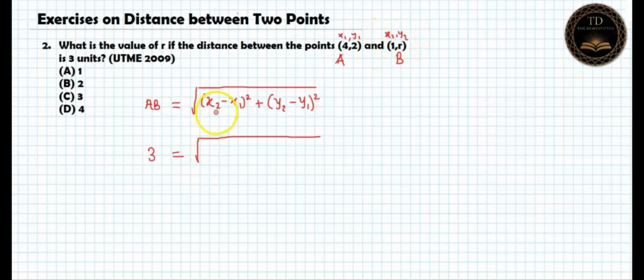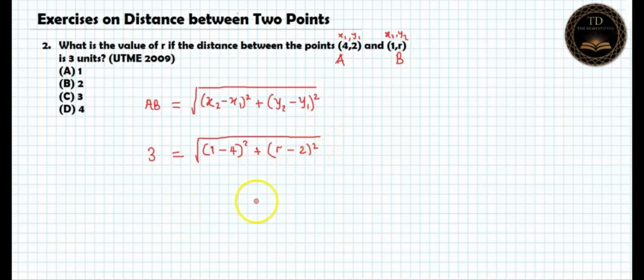Okay, so x2 is our x2, so that's 1 minus x1 is 4 all squared plus y2 is r, which is what we're looking for, minus y1 is 2 all squared.